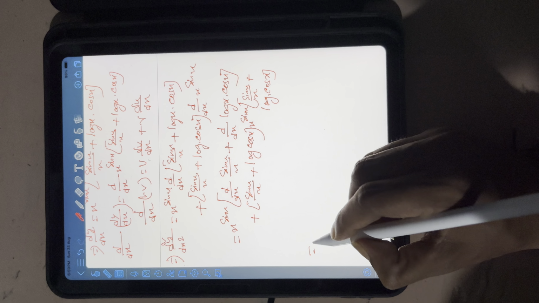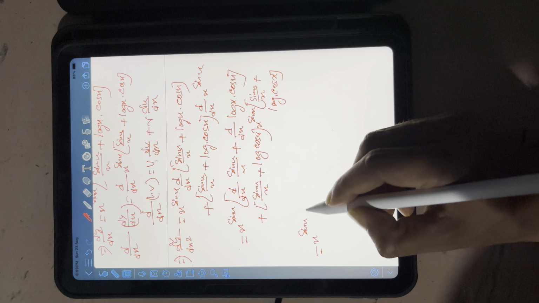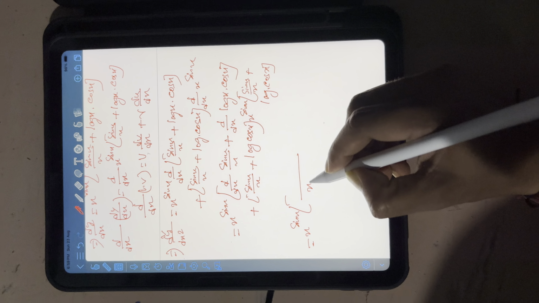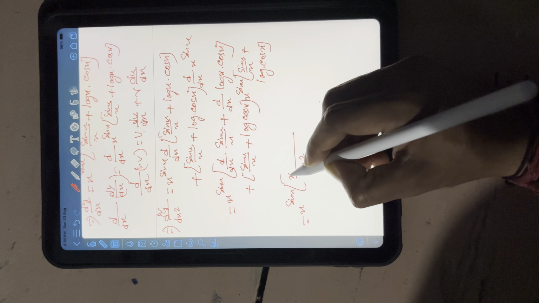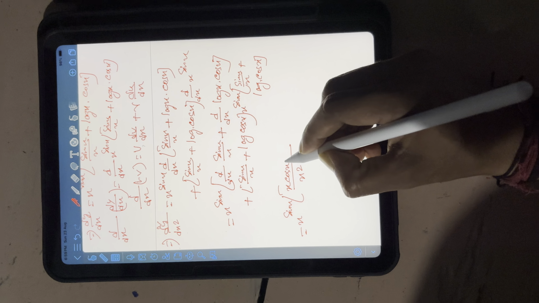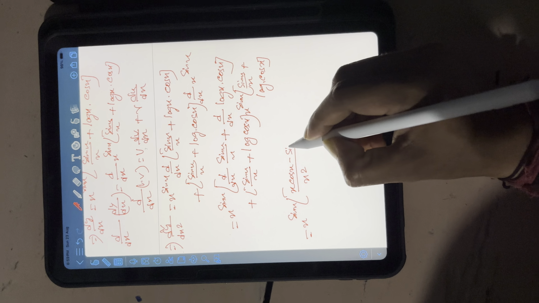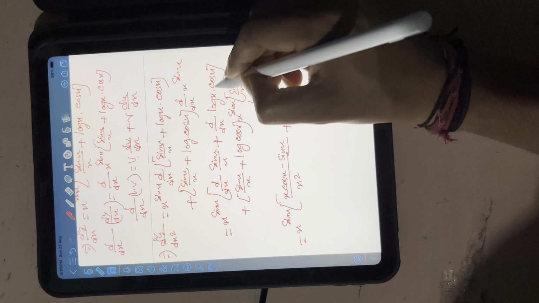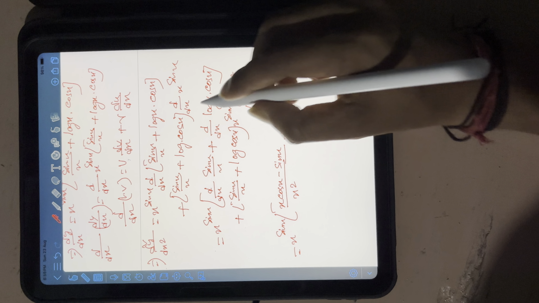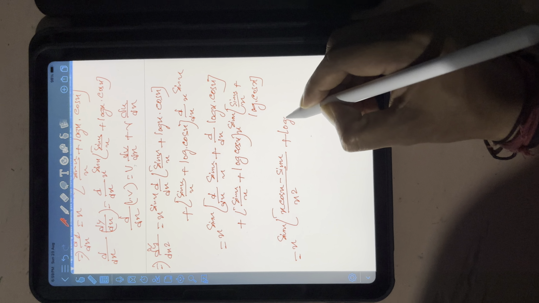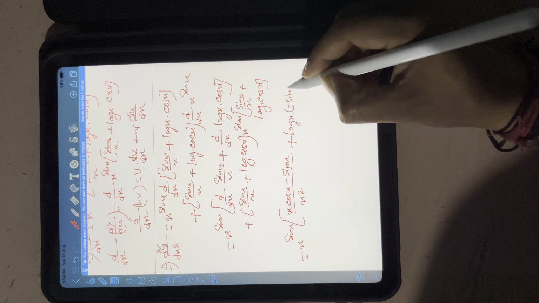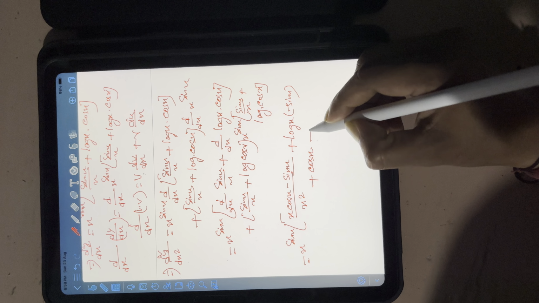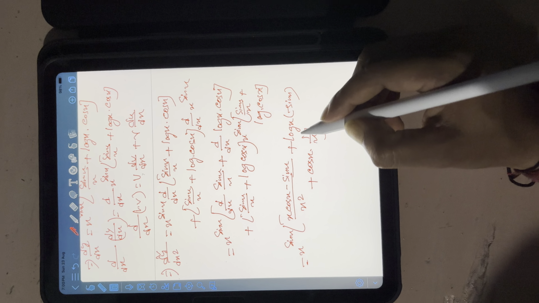Now we have to differentiate this. x^(sin x) times d/dx of (sin x / x) cos x minus sin x, then d/dx of log x into cos x, giving cos x log x minus sin x plus cos x times 1/x.